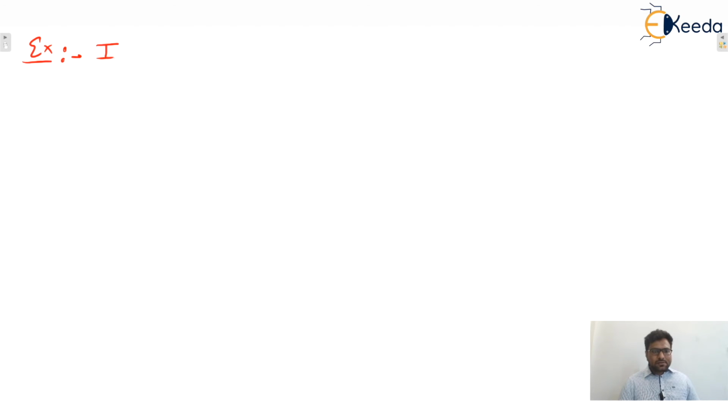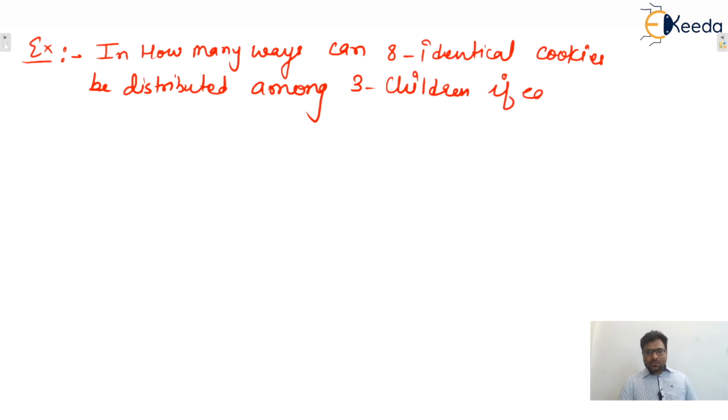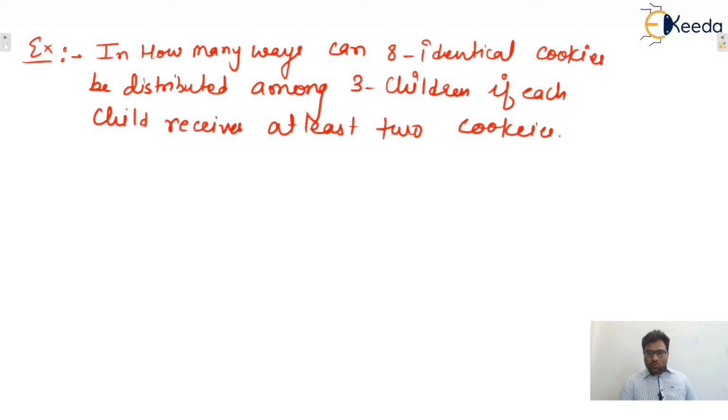In how many ways can 8 identical cookies be distributed among 3 children if each child receives at least 2 cookies, and not more than 3 cookies? That is the question.